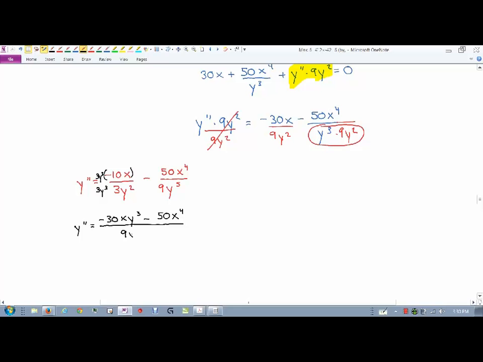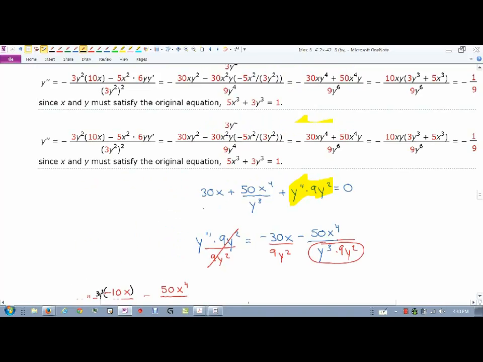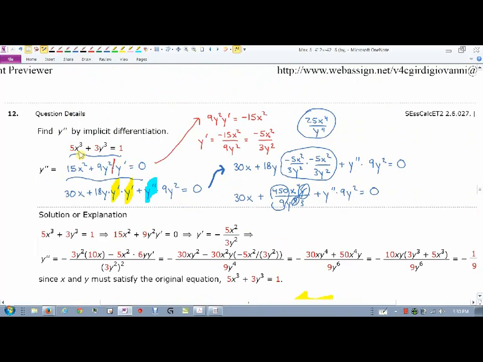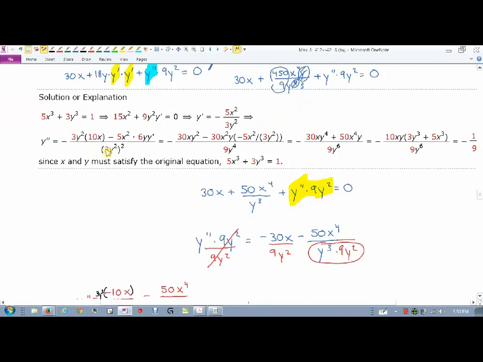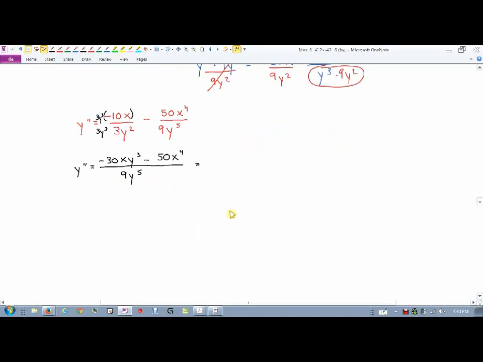9y to the 5th. And then notice on the top, we had our original equation here. What was it? 5x cubed plus 3y cubed. Notice if we pull out a negative 10x, we'd be left with 3y cubed plus 5x cubed all over 9y to the 5th.